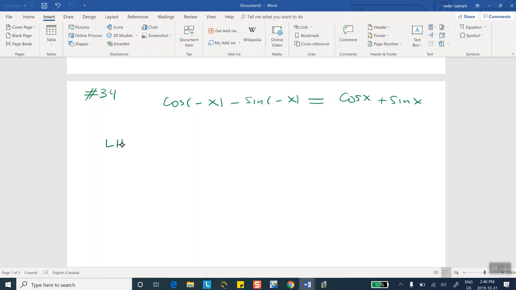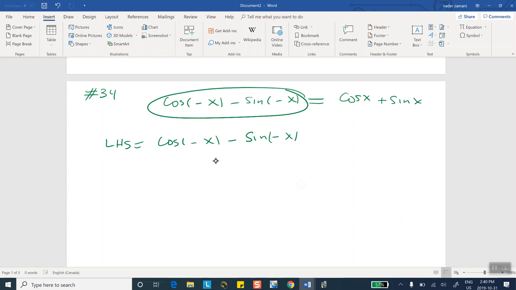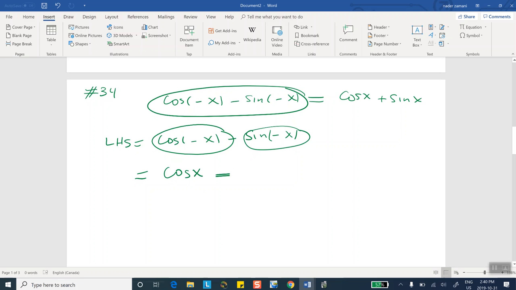So the left-hand side is cosine of minus x minus sine of minus x. However, cosine is an even function, so this is the same as cosine of x, and sine is an odd function, so it's going to be minus sine of x. This minus comes out, but there's already a minus sign in between, so this is cos x plus sine x, which is your right-hand side.